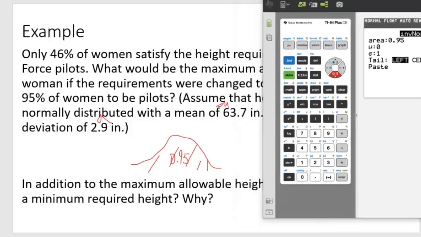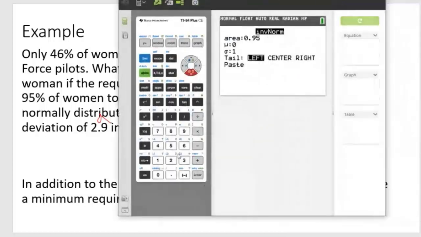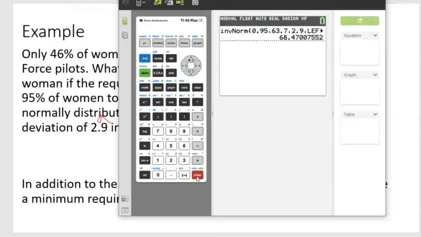And then I'm going to put in the mu they had of 63.7, and the standard deviation of 2.9. And the way I've sketched it, since it was the shorter 95%, it's to the left. So now I want to paste that. And what I find is that it's approximately 68.47.